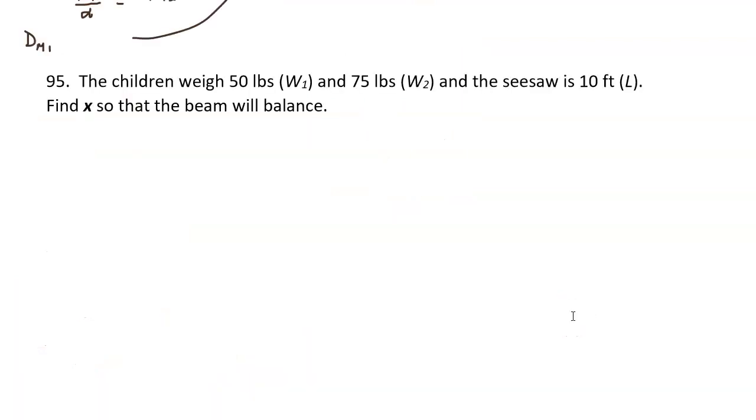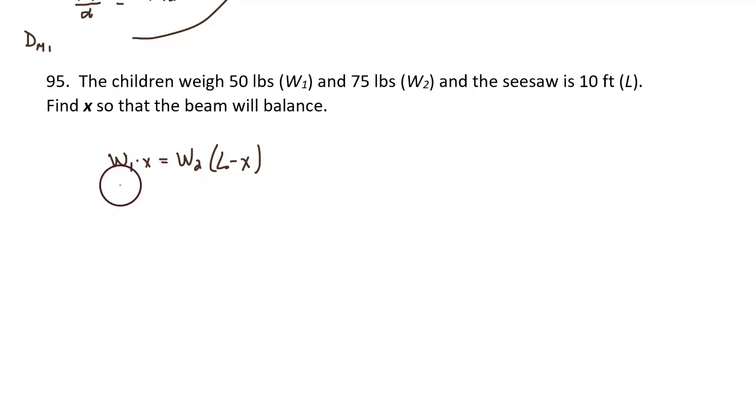The last question is a story problem involving 2 children using a seesaw. There's a drawing of the seesaw given, and there's even a math formula that applies to a seesaw. It is W1 times x equals W2 times (L minus x), where W1 is the weight of one child, W2 is the weight of the second child, L is the length of the entire teeter-totter, and the variable x is the distance from the fulcrum where the first child sits.